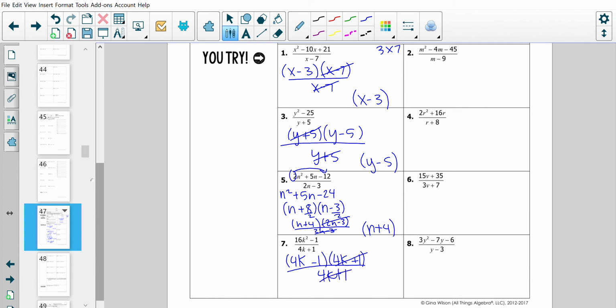Those cancel out, so 4k minus 1 is your answer. And then flip it over. It's the same thing though, they're just not written the same. You don't even have to write it that way. It actually will save you a little bit of space this way.